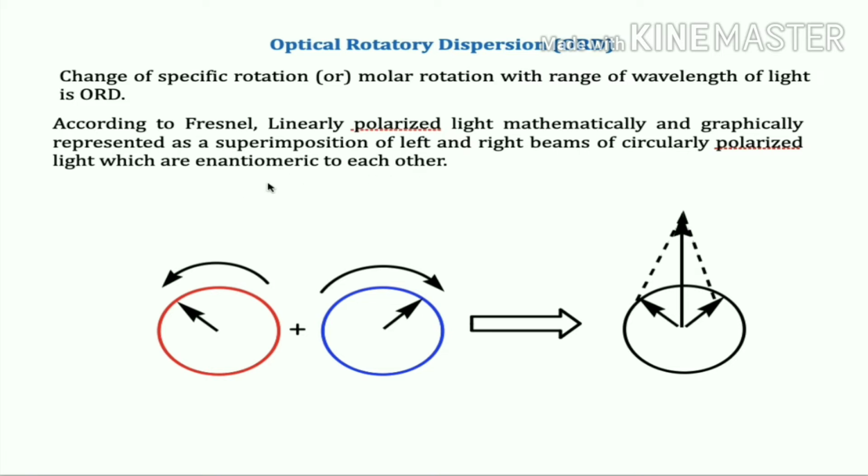This is left circularly polarized light, this is right circularly polarized light, and they sum up to form linearly polarized light.